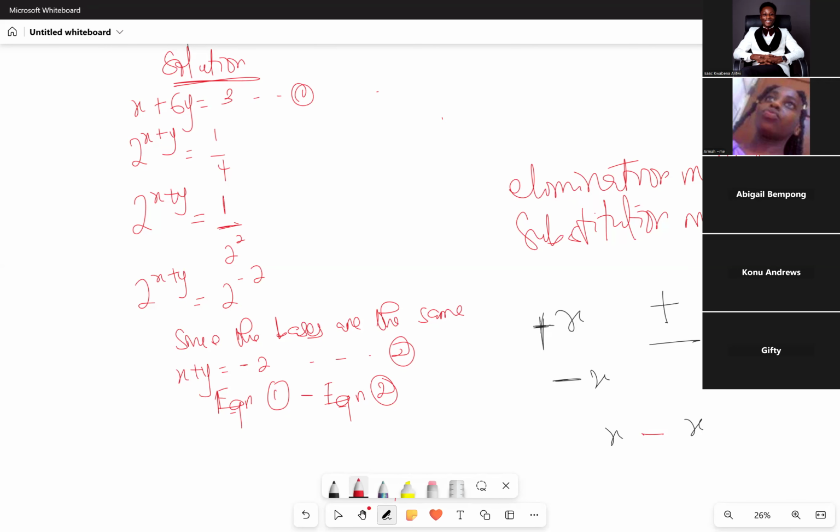If you are multiplying that variable, multiply everything in the equation. So equation 2 will be 6 times x, that will be 6x, plus 6 times y, that will be 6y, equals 6 times minus 2, that will be negative 12. In the long run, you have your y as 6. So that's what you are targeting.